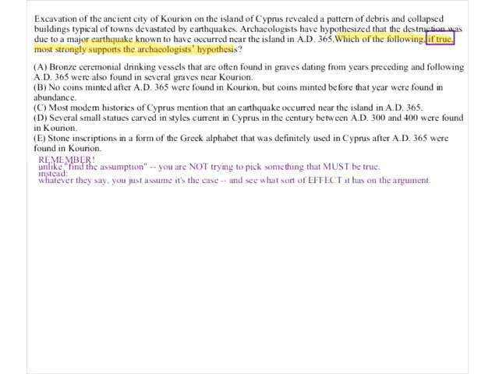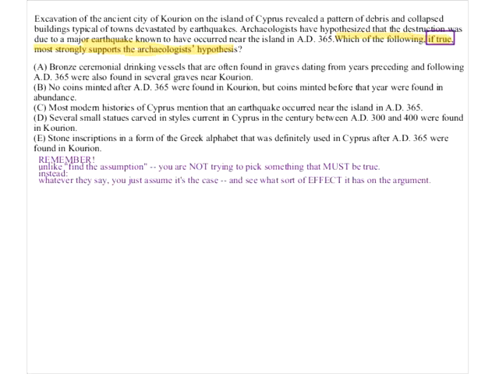If you try to answer these as though they were find the assumption problems, you will get them all wrong, because that's not what we're doing here. Remember, these two words, if true, are crucial. They show you that no matter what these choices say, you're like, okay, fine, that's a fact. Let me see what effect it has.